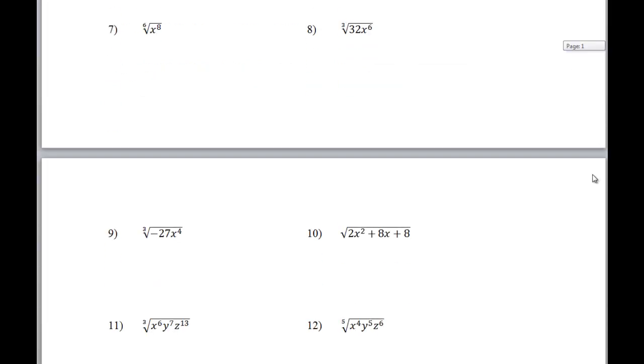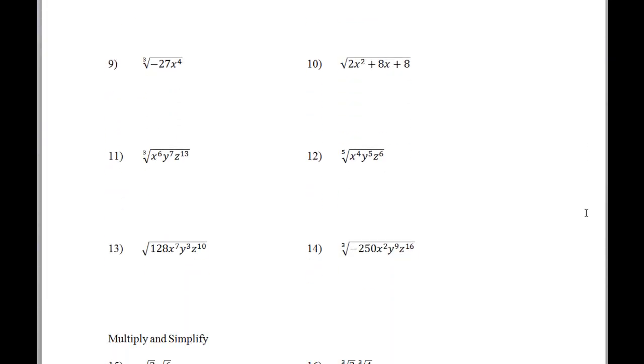We're going to start off with some more simplification, and it might be a good idea to list common roots of squares and cubes. Off to the side, you may want to write down some easily rootable numbers. For the squares: 4, 9, 16, 25, 36, 49, 64, 81, and 100.